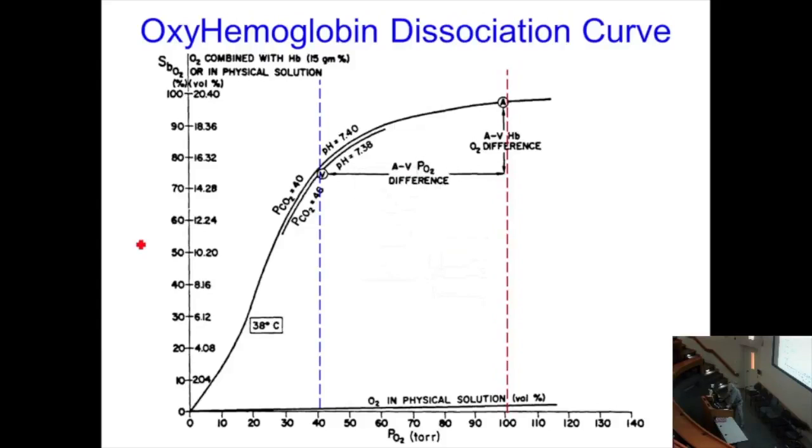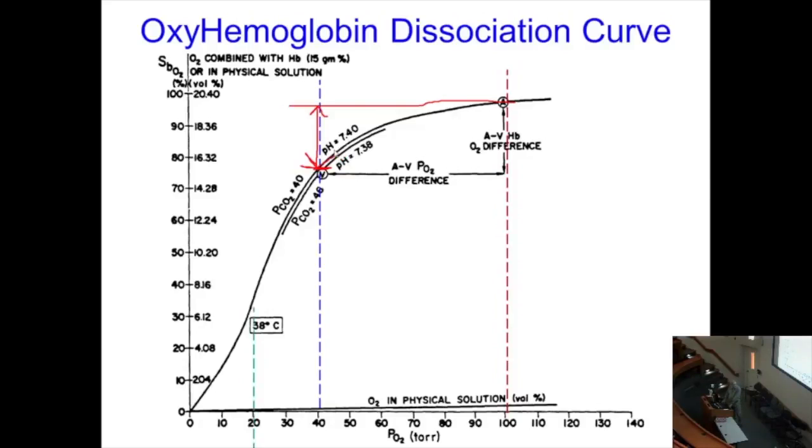We're starting out in the lungs. We've filled up the blood with oxygen, and now we go to the tissues. The PO2 is 40, and what this graph tells us is that this much oxygen is going to be released to those tissues.